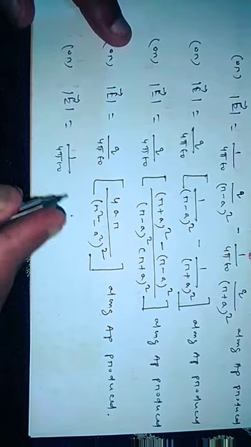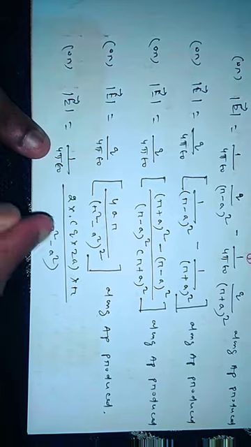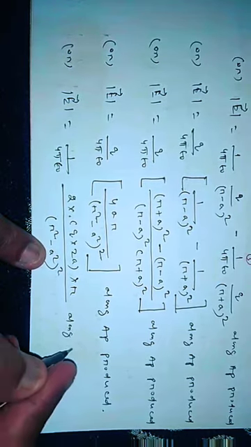Okay, or we will rearrange the terms of the above equation, or E equal to 1 by 4 pi epsilon 0 into Q into 2A into 2R divided by (R square minus A square) whole square, along AP produced. Okay.